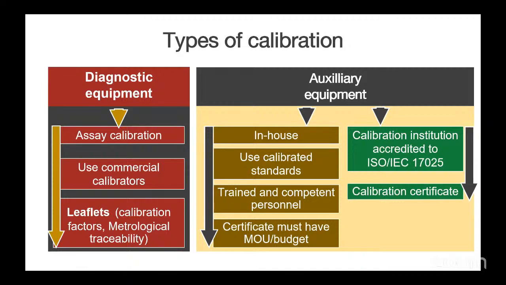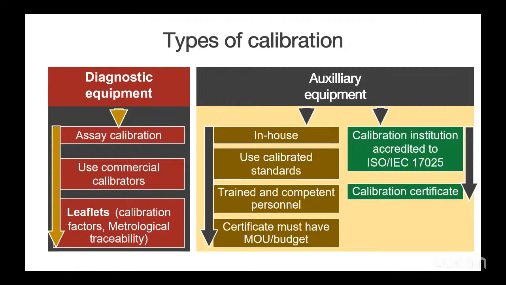Now, we have in-house use of calibrator standard, with trained and competent personnel. You have to train people on calibration so that they understand how to use a calibrator. Then, externally, you can also use an institution to calibrate your equipment. An example is an ISO 17025 lab.